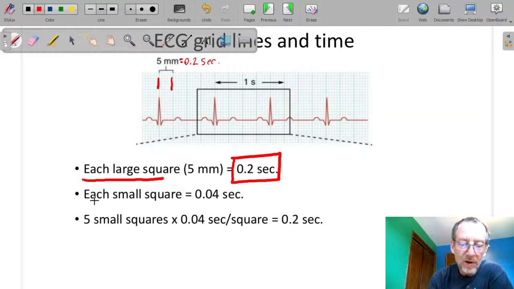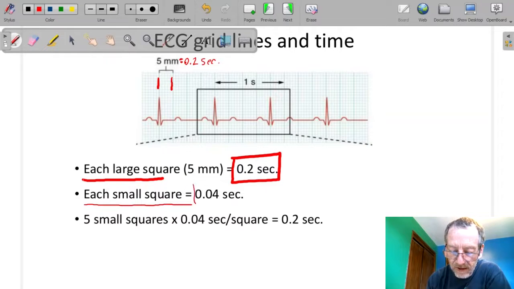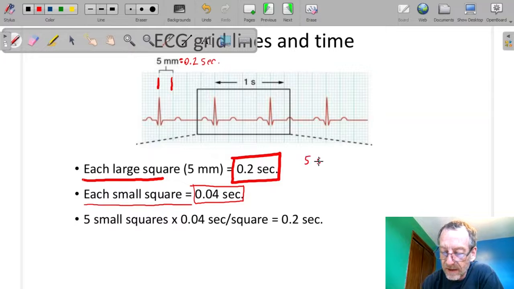And each small square represents 0.04 seconds. And there are 5 small squares in 1 large square.